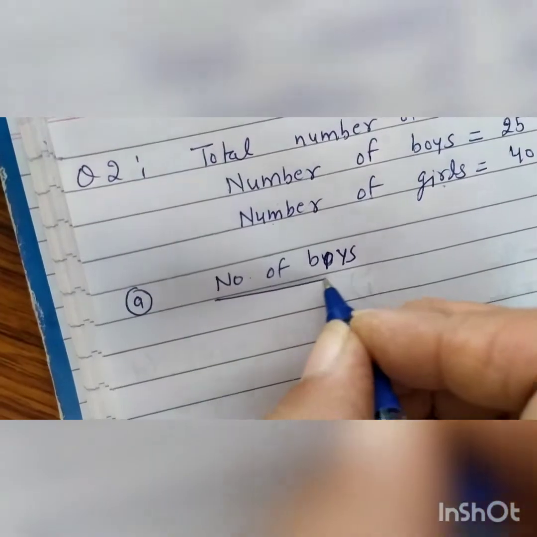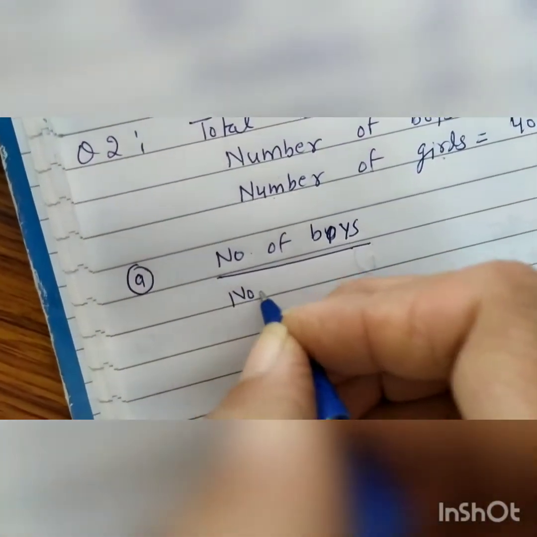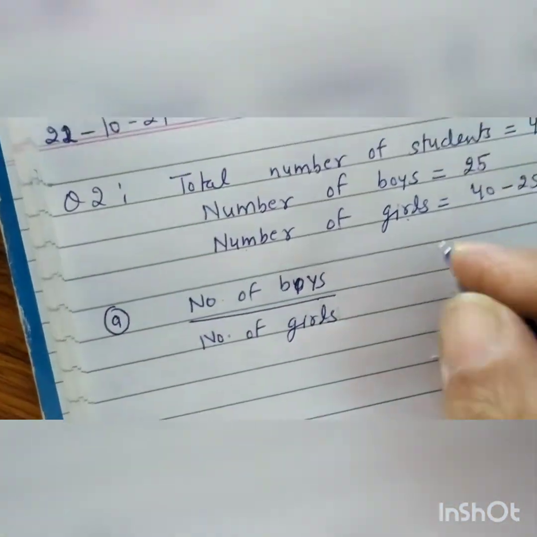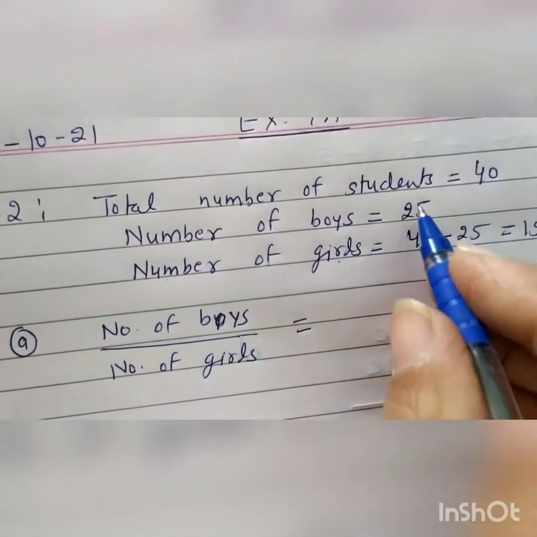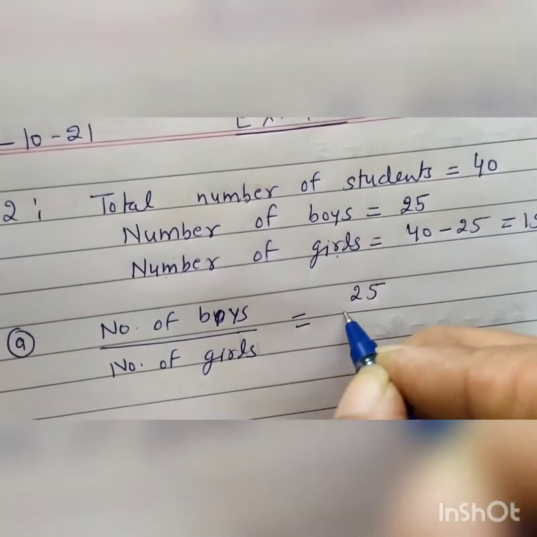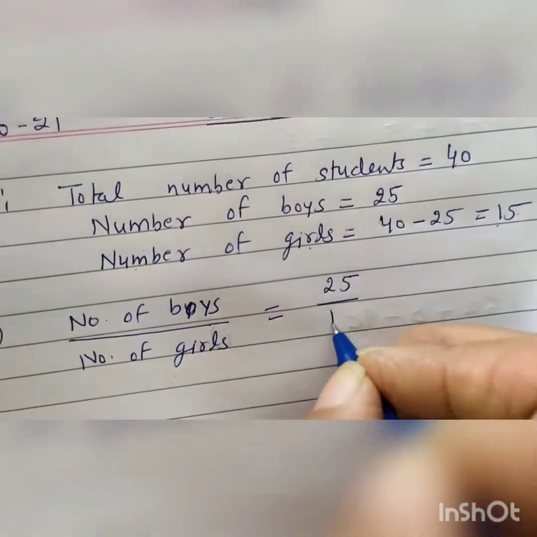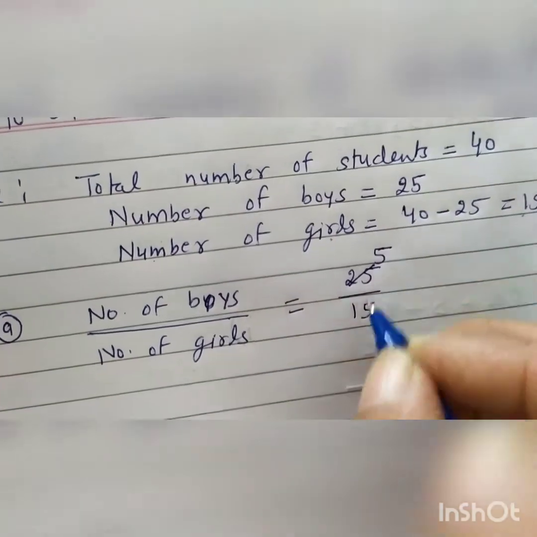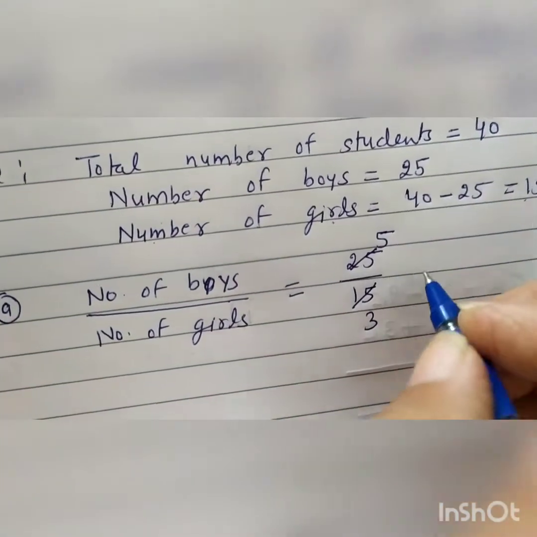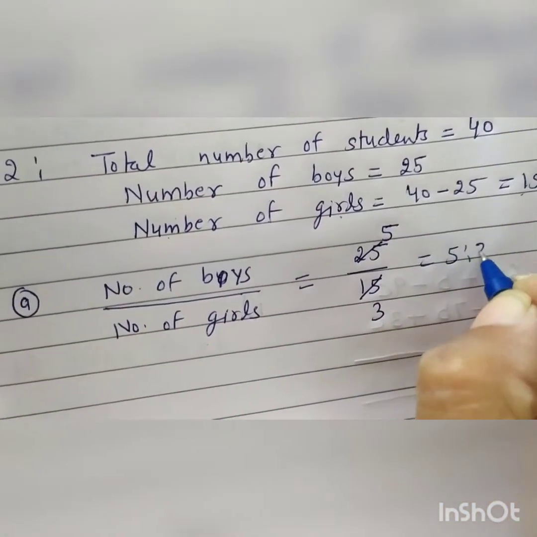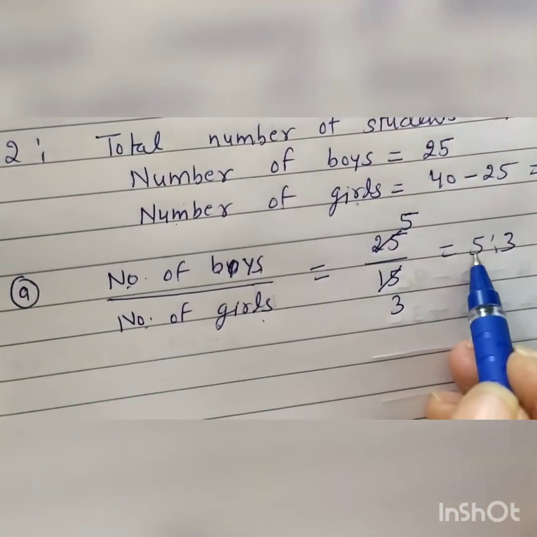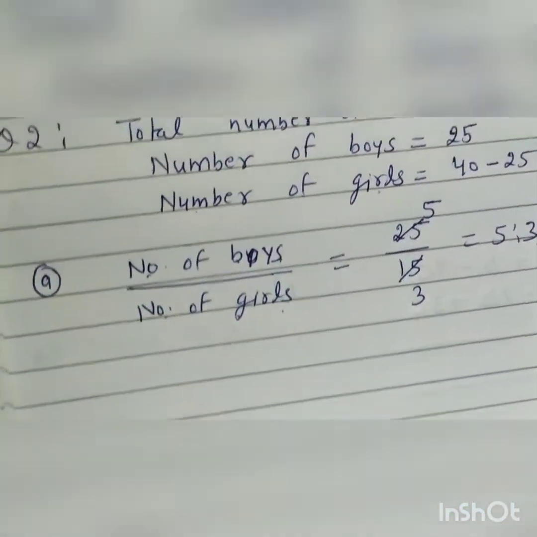So number of boys upon number of girls. Number of boys is 25 and number of girls is 15. We will simplify it now. 5 5s are 25, 5 3s are 15. So the ratio of the number of boys to the number of girls is 5:3.